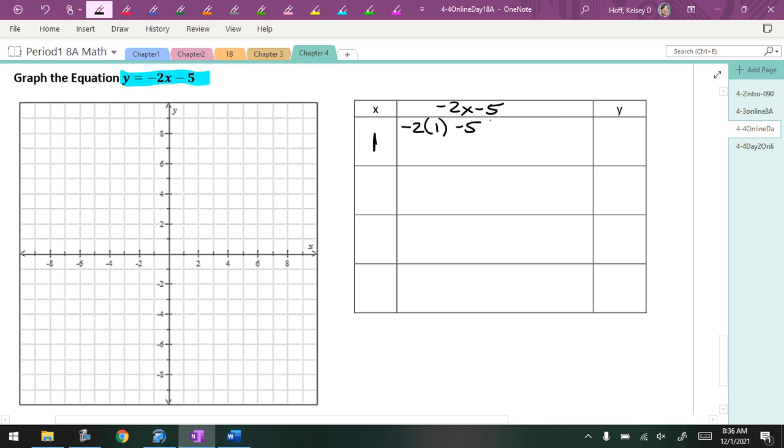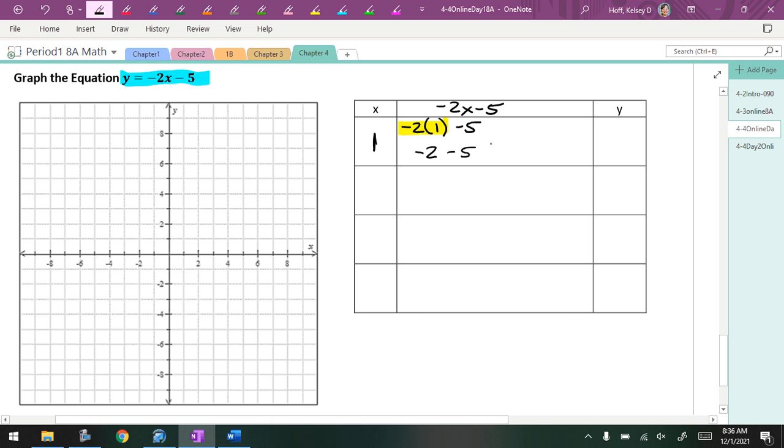Why multiply? Because of PEMDAS. Yes, there's parentheses, but it's not inside the parentheses. There's not any exponents, so we multiply. So first we need to take negative 2 times 1, which is negative 2.